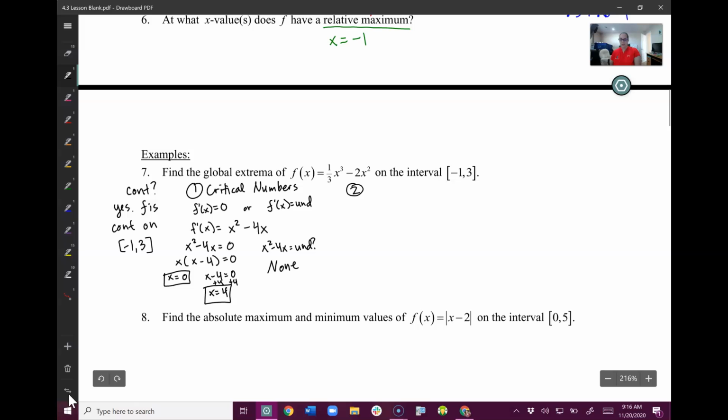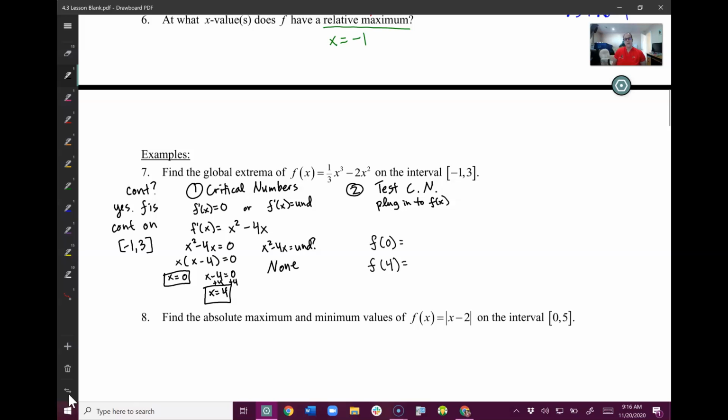So step 2 of the candidate test is we're going to test all the candidates, or the critical numbers, which I'm going to start shortening to Cn. Testing the critical numbers means plugging them into f of x. So I'm going to do f of 0 and f of 4.